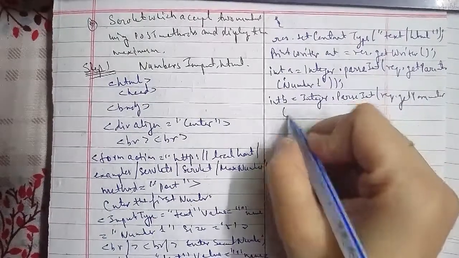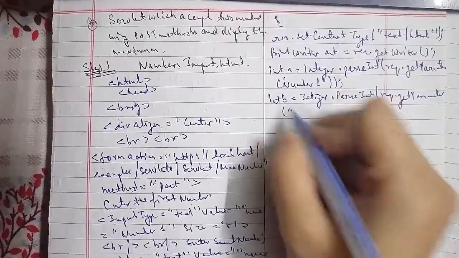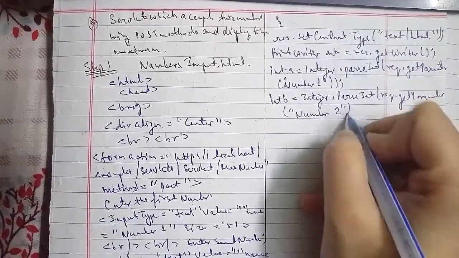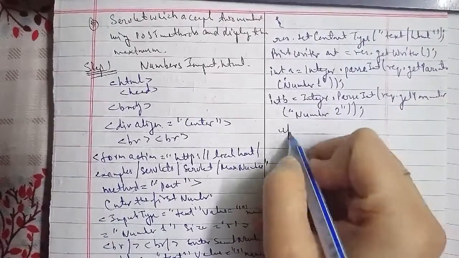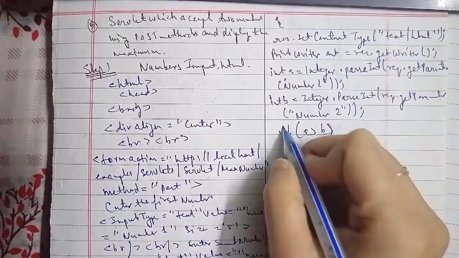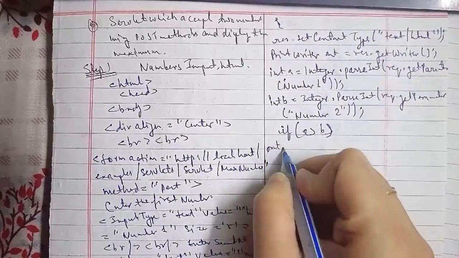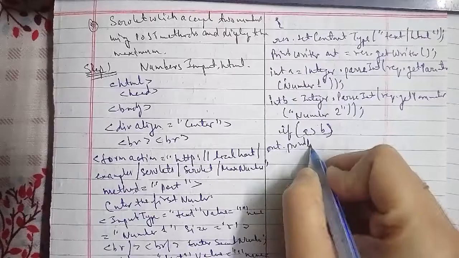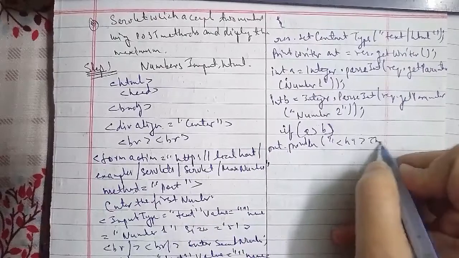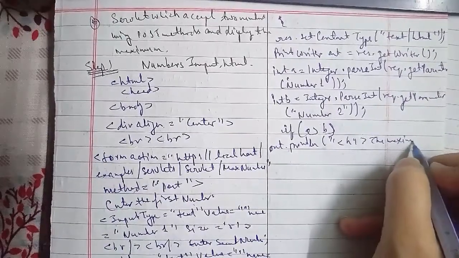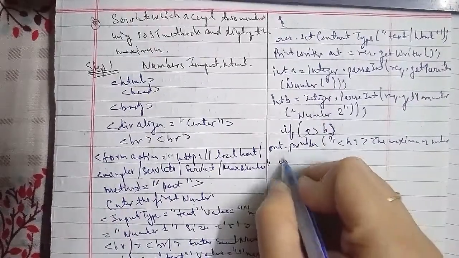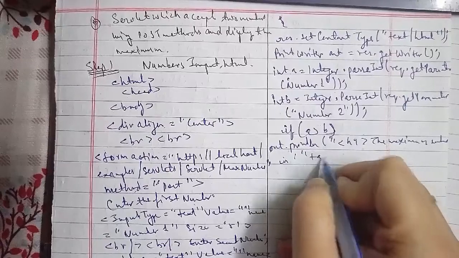So this is all about step 2, and now we'll start with step 3, where we get the output. In the output, you enter the first number, like 100, and enter the second number, 200.